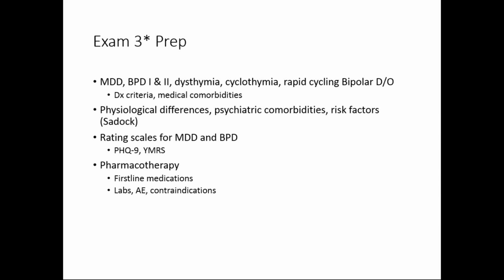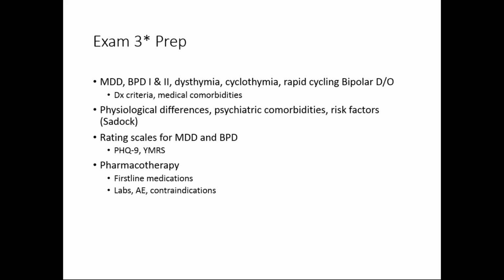That's covered very adequately in SATIC. And dysthymia is really subclinical chronic ongoing depression. Cyclothymia is subclinical mood elevation and depression. You got to know the criteria, the typical comorbidities.